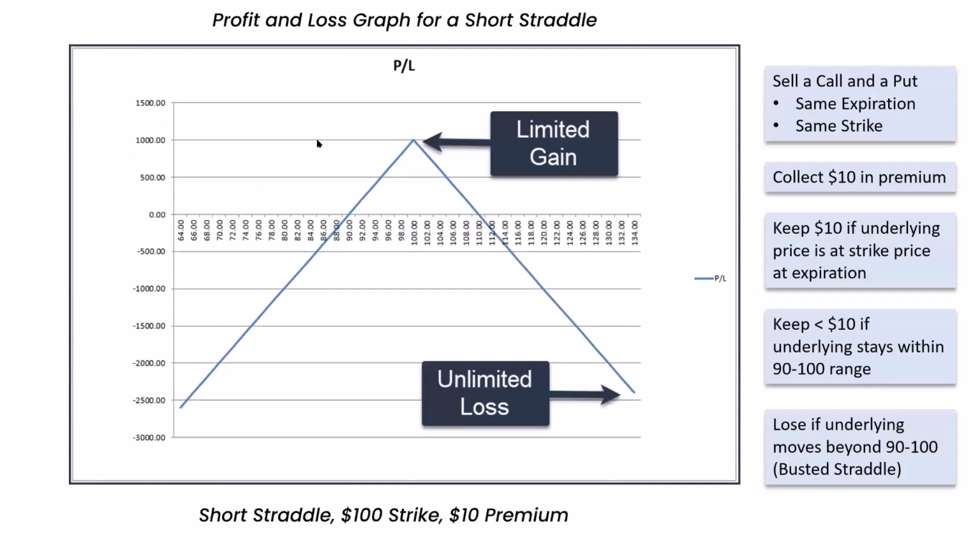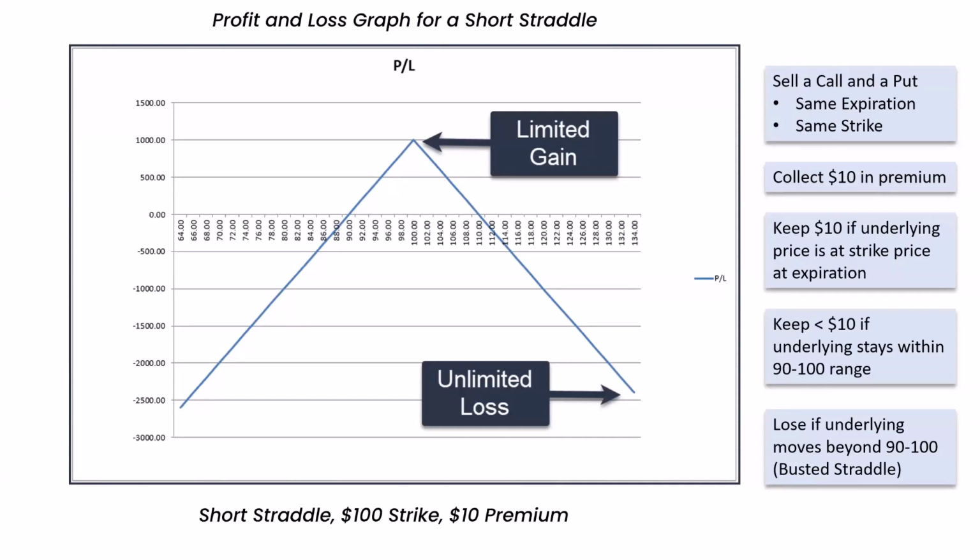On a profit and loss graph, the short straddle looks like this. In this case, we're looking at a strike price of 100, so the straddle is struck at $100. You have a limited gain. If you're short the straddle, you're limited to the gain of, in this example, the straddle costs $10.